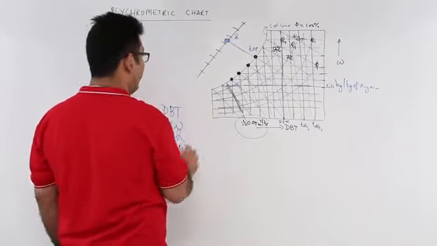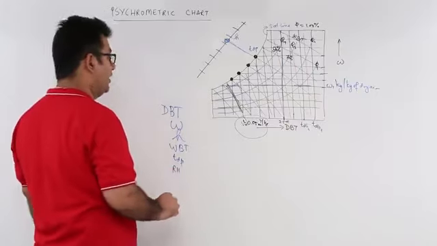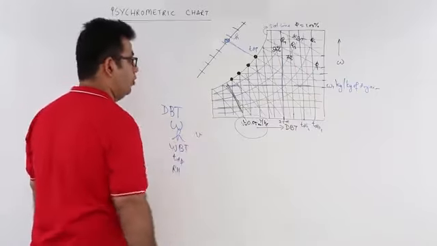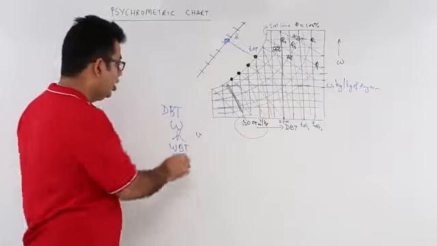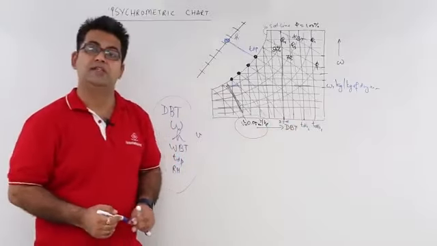Then you can find out the RH, and you can also find out the specific volume. So all these psychrometric terms can be found through the psychrometric chart.